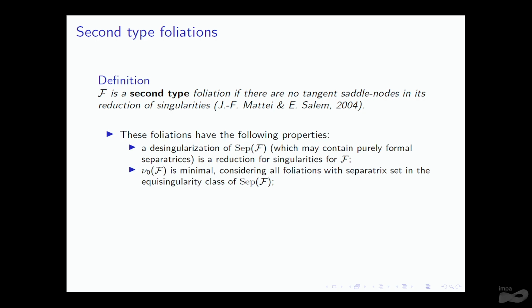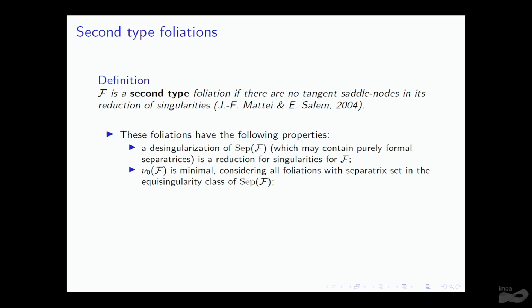These foliations are also well behaved. They have some properties. First, the singularization for the separatrix set. Remember that now, since I have saddle nodes, these foliations may have purely formal separatrices. So the singularization for the separatrix set is also a reduction of singularities for the foliation.